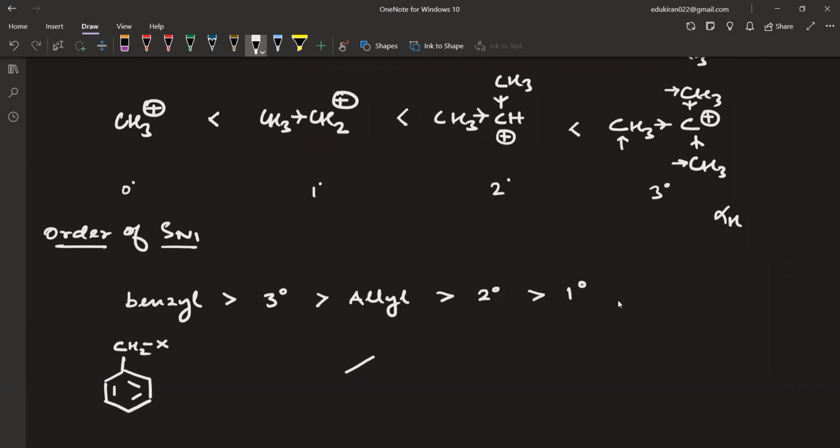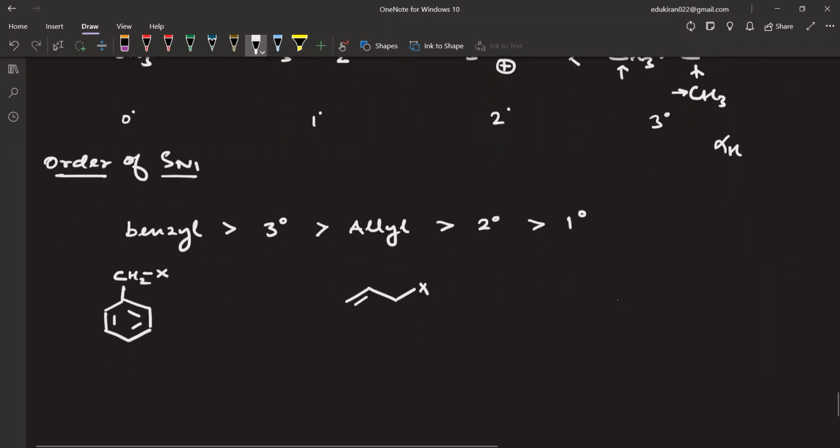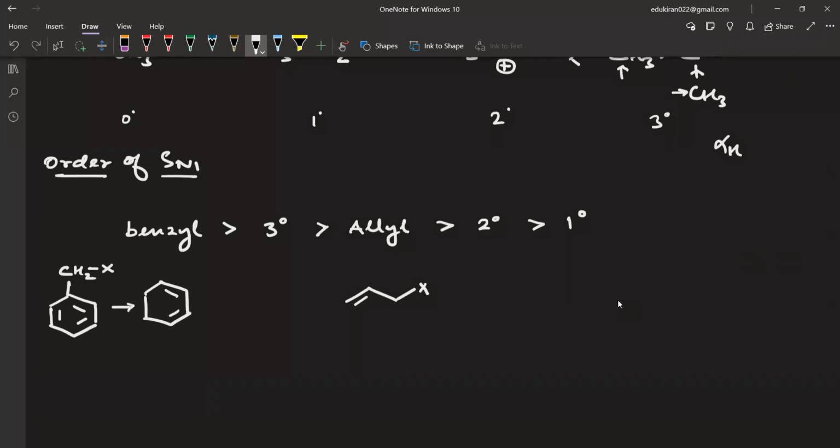Allyl is the other structure with X. If you make the carbocation for benzyl, the positive charge will take part in resonance, and for allyl, the positive charge here will also take part in resonance, and hence it stabilizes the carbocation.